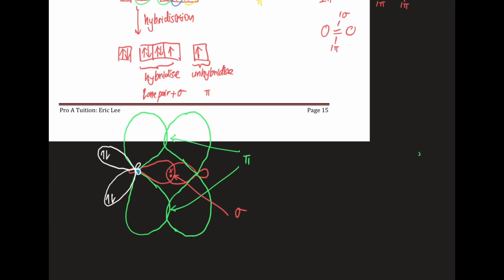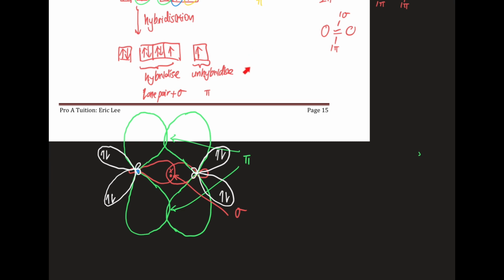Okay, very complicated. Here, lone pair, and here, lone pair. So that is how it looks.